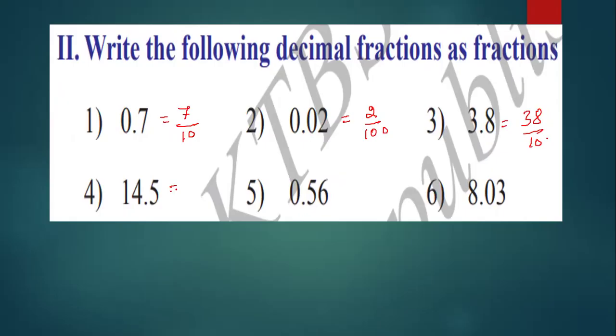14.5. 145 by 10. 0.56 is there. Write 56 as it is divided by, after 2 digit from right side, decimal point is there. Therefore, 100.